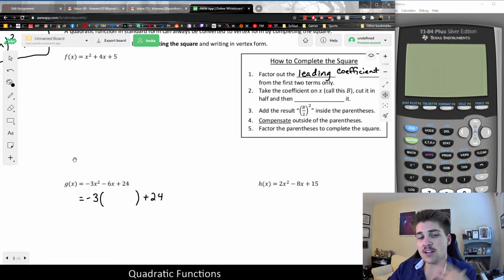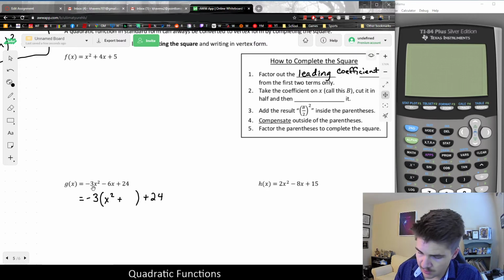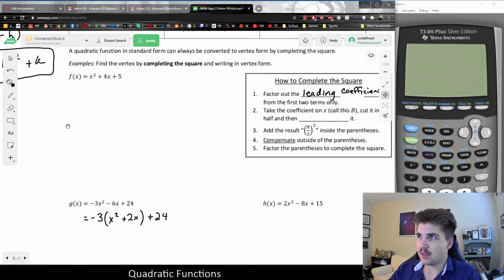And I'll try to explain why as we go through this, but not for this immediate second. And basically, if I'm factoring out -3 from x squared, that would leave me with just x squared. And from -6x, remember if I'm factoring out -3, that is the same as dividing by -3. So -6 divided by -3 would leave us with +2x. And that would be step 1 in both cases.